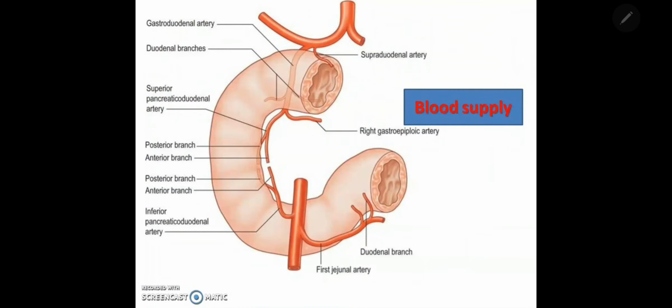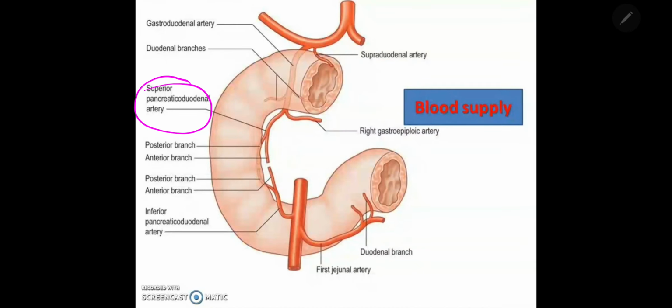Coming to the blood supply, see, the duodenum is composite in origin. So this much part is derived from the foregut, this much part is derived from the midgut. So it has a blood supply from the arteries of both the foregut and midgut. You can see there the superior pancreaticoduodenal artery, a branch of the gastroduodenal, which is a branch of the common hepatic, which is a branch of the celiac trunk.